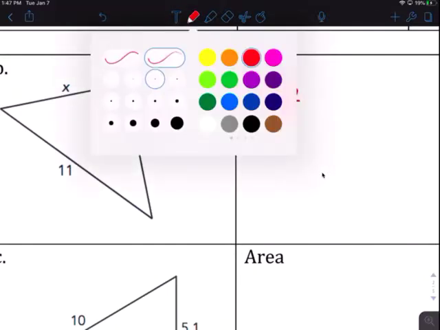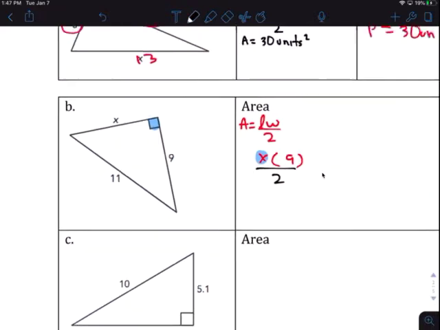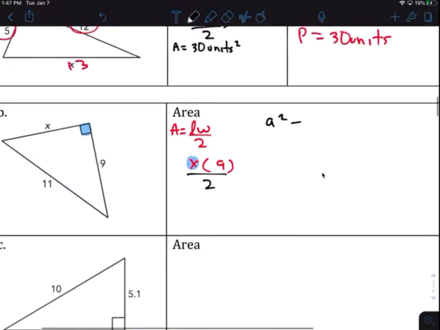So length A or B is X times 9, and divide that by 2. We need to know what X is, and in this case we can find X because of the 90 degrees by using the Pythagorean theorem. A squared plus B squared equals C squared.